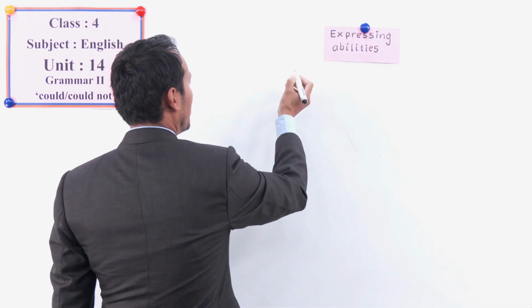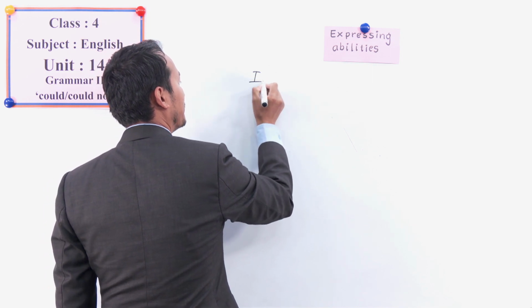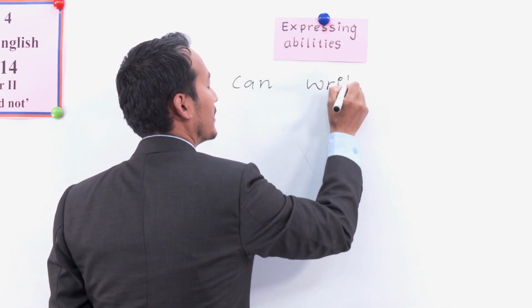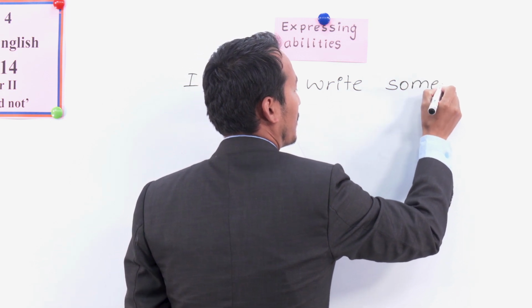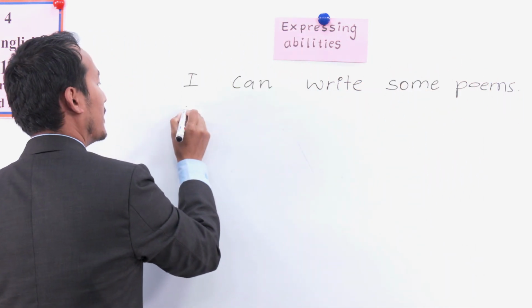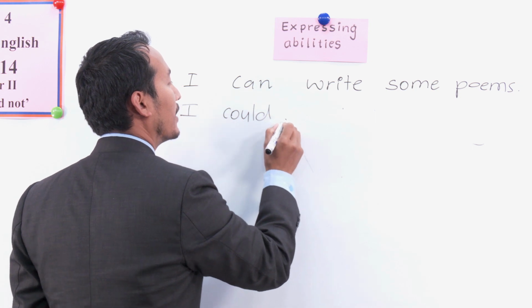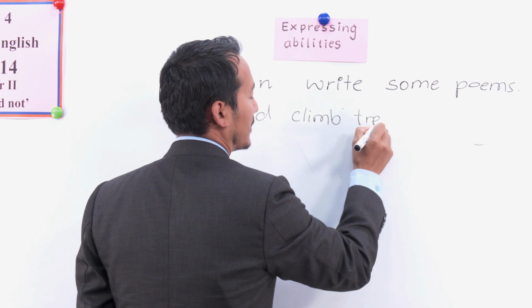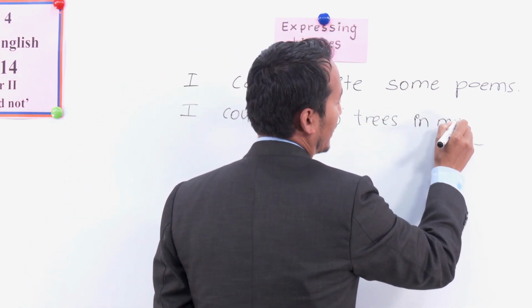We are going to write some sentences like: I can write some poems. I could climb trees in my village.